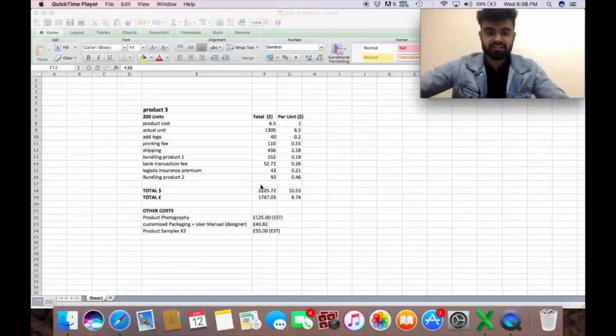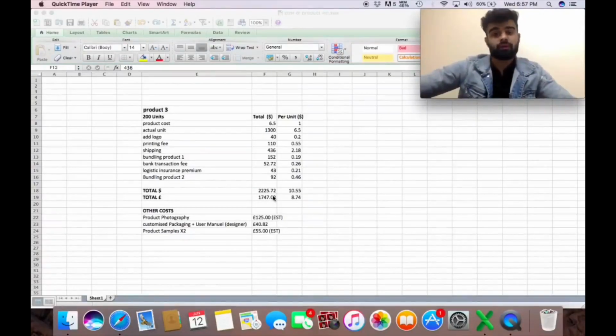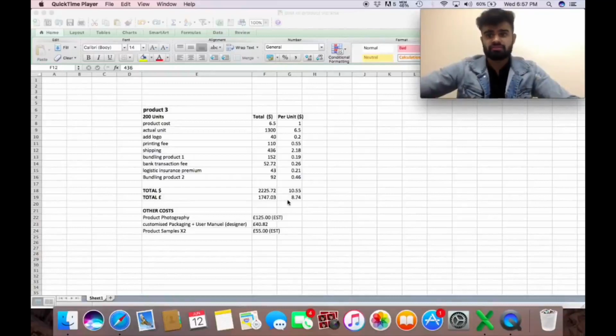I believe this insurance premium is just insurance where if the products do get lost halfway through, like on the flight, or something does happen to it, say if it gets damaged, then the suppliers are able to cover the money and they charge you for that, which is $43. I wasn't aware of this and I didn't include that in my cost. However, I did have to pay it as it was compulsory.